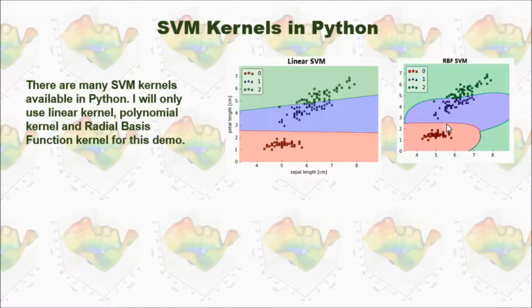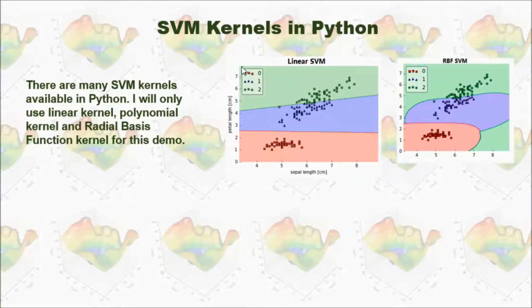And when we use the RBF kernel, we can separate them with those curves. You see, this is group 1, this is group 2, and that green area is group 3.